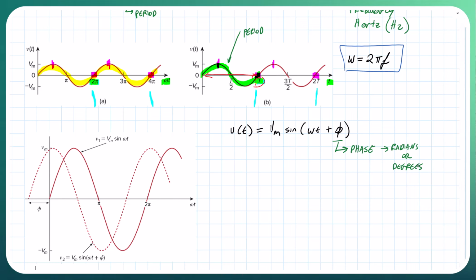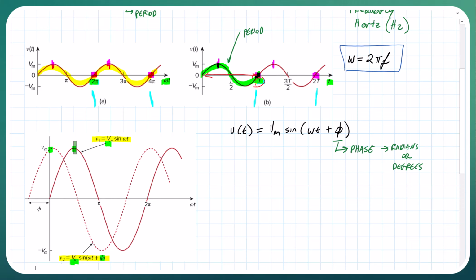So if we look at this figure here to the left, we have one voltage source, V1 equal to Vm sine omega t, and the second one, V2, equal to Vm sine omega t plus phi, and you'll see that they are of the same amplitude, Vm. But now there's a phase shift of phi. V2 starts sooner than V1, so it starts before it.